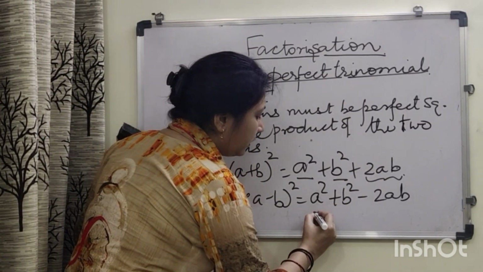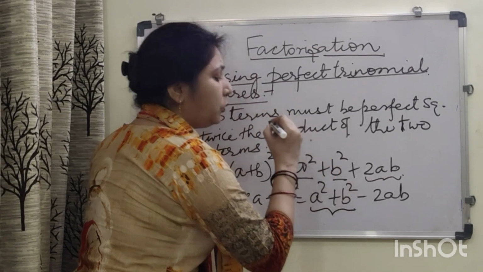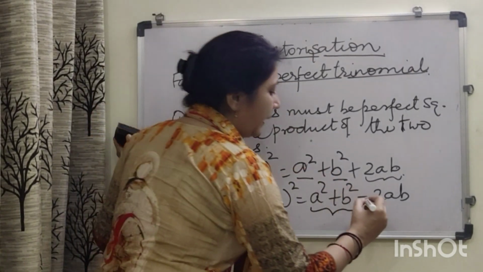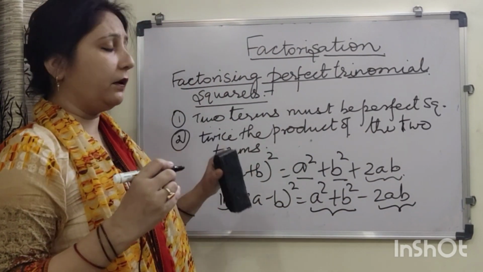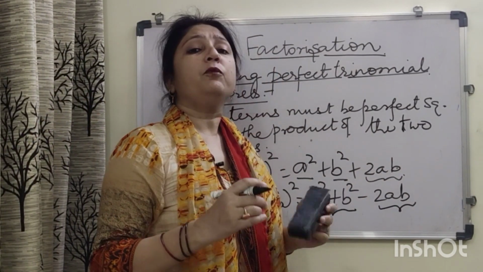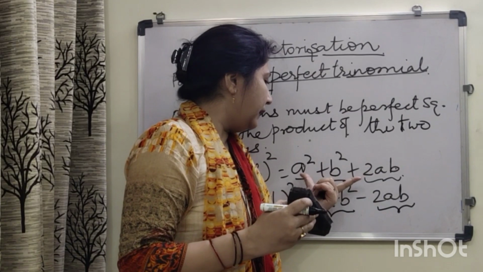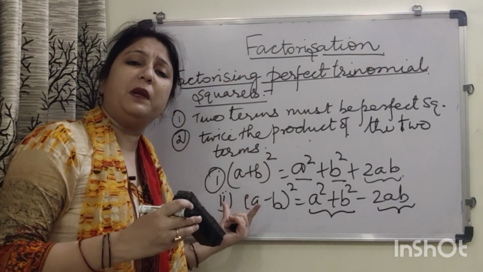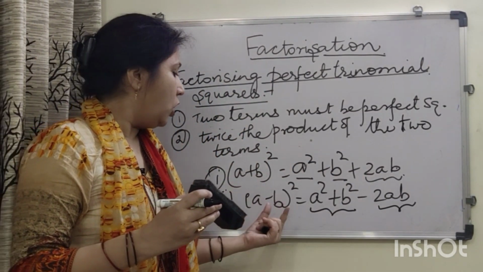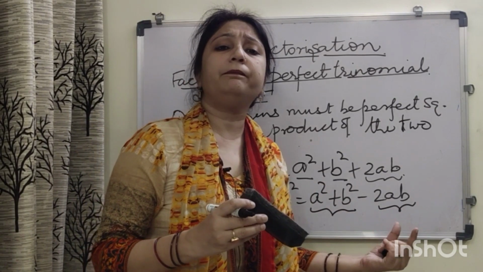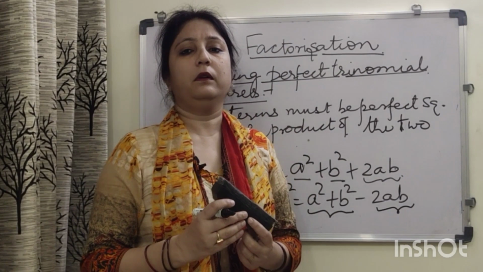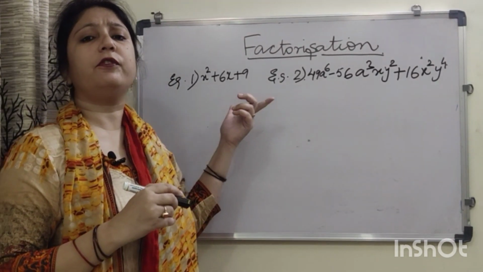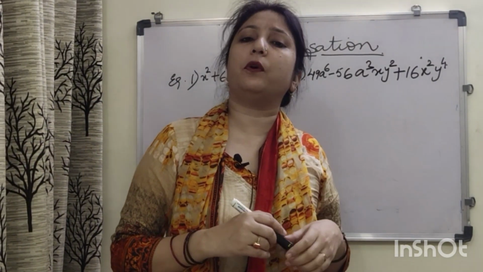Here if you look carefully, these are the two whole square terms and the third term is twice the product of the two terms with minus sign. So either you will get identity a plus b whole square in that case, or a minus b whole square in that case. Children, here I have taken two basic examples for you.